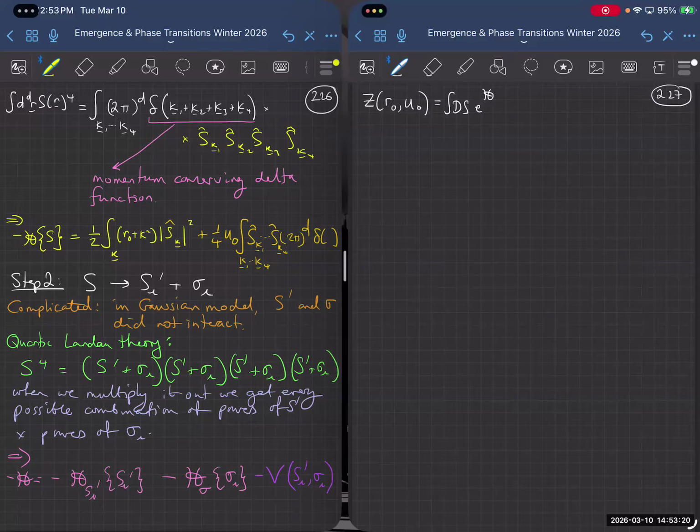Wait, I've got a confusing notation here.